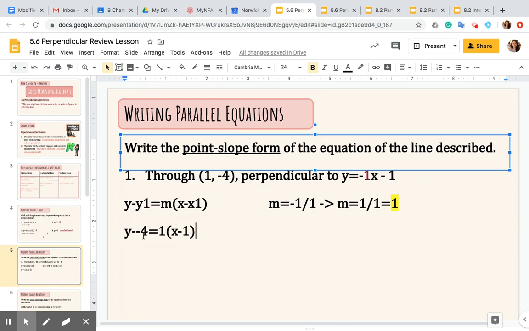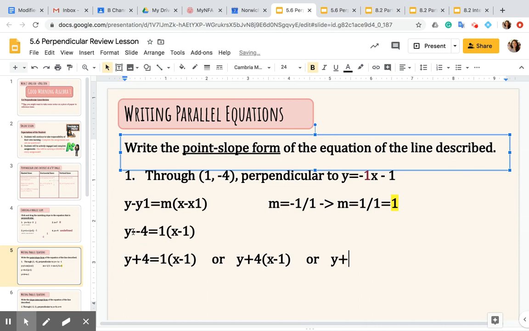The only thing I can do from this point here is simplify the double negatives to give me a positive, and that is the only thing that you should simplify. You could drop the 1 if you wanted to and write it like this. You could even drop the parentheses and write it like this. So I'm actually going to just type a couple of options. You could type it like this. You could type it like this.